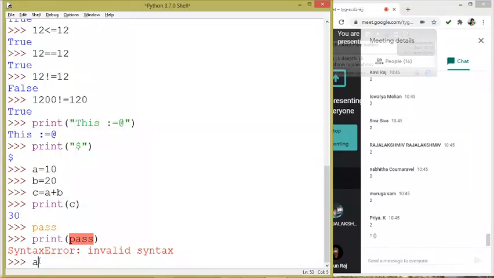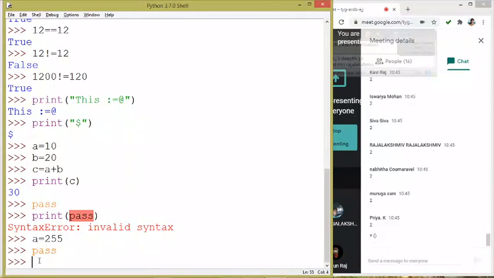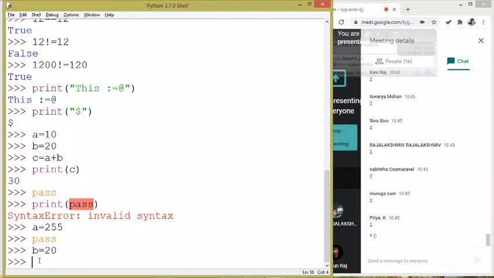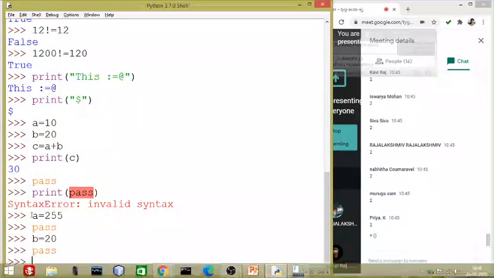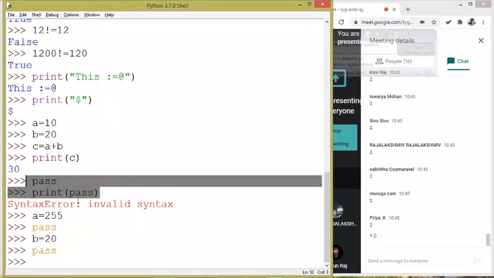Another example: A is equal to 255, pass, B is equal to 20. Again you can write pass. Here this is a statement, this is an empty statement. There is no real use of pass, but we still have to understand why we use it. It is a reserved keyword and at the same time an empty statement.